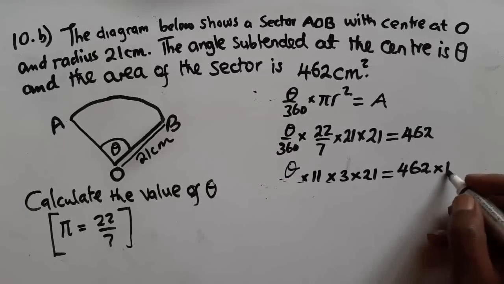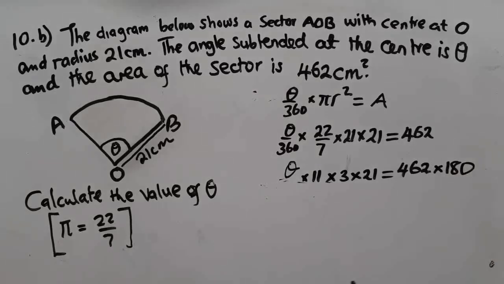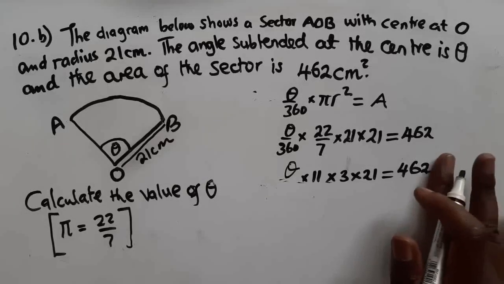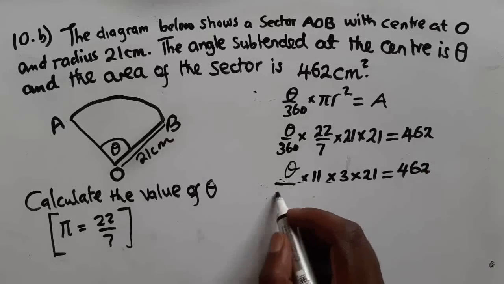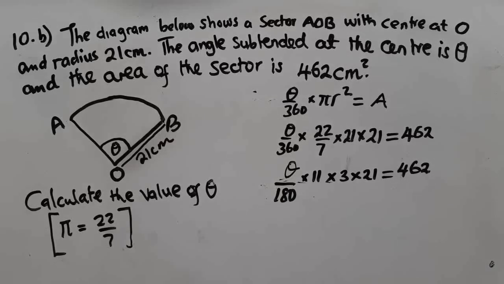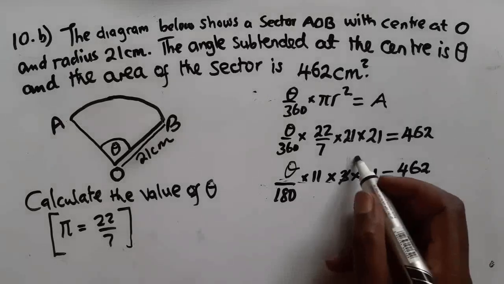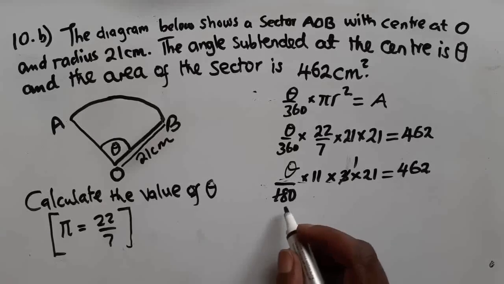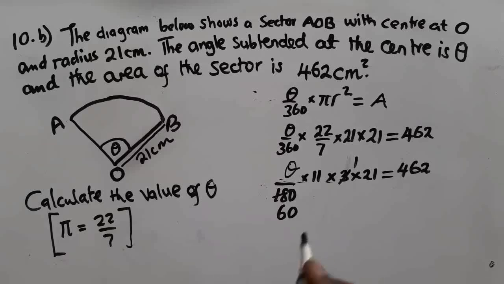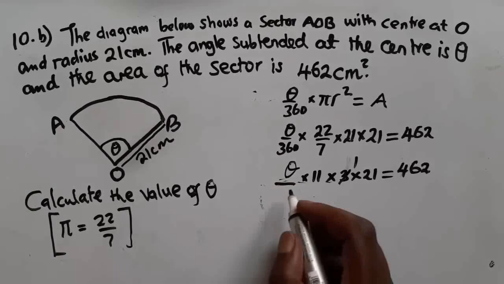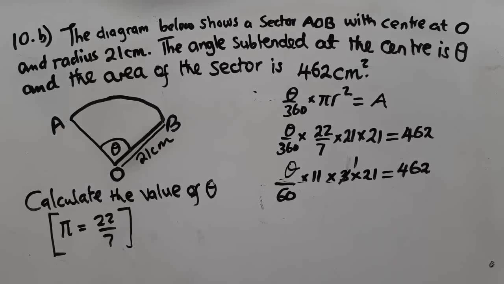Then 180 will come this side. I hope that is very clear. Or maybe if you want, when we still had 180 here, we can say 3 into 18 is 6. So meaning here we are remaining with 60, okay?